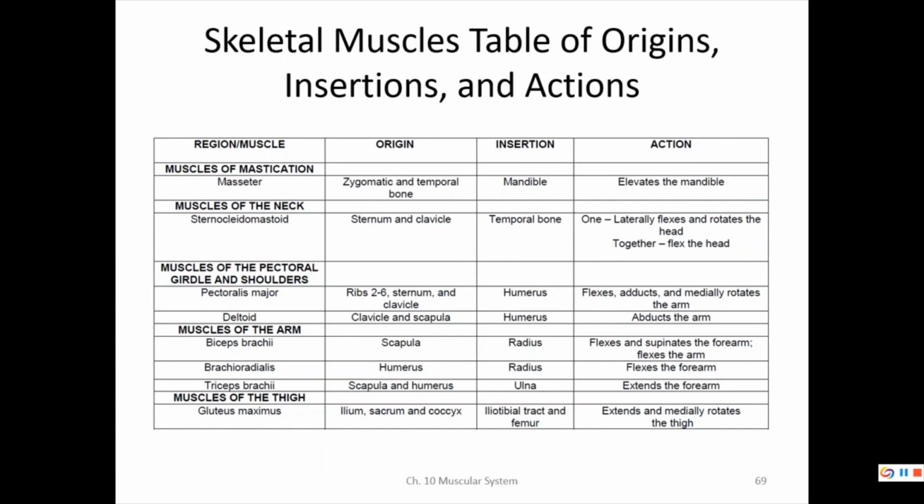So the pectoralis major. It comes from ribs 2, 3, 4, 5, 6. Ribs 2 through 6, sternum and clavicle. That's the origin. It inserts on the humerus, right around the intertubercular groove.